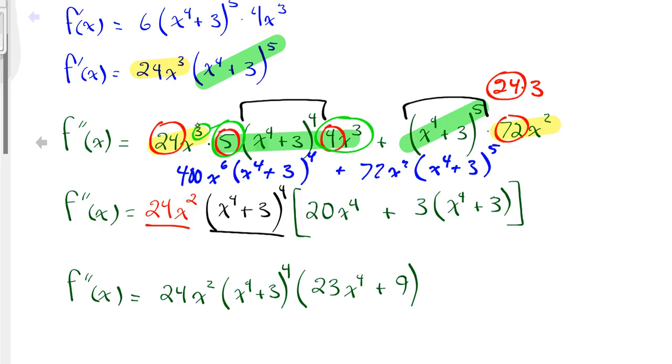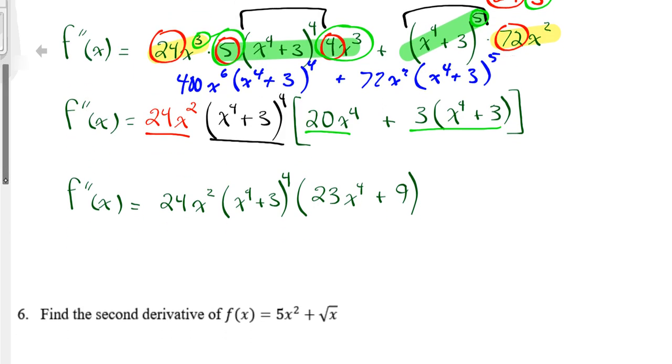Oh, and I had 1 x left over here because I only factored out an x squared. So that's where this 20x to the 4th comes from. And then from the 72, I still had the 3. I had one of these 5 x to the 4th plus 3's, and that's where that comes from. Expand, collect like terms, and we have a simplest factored form.